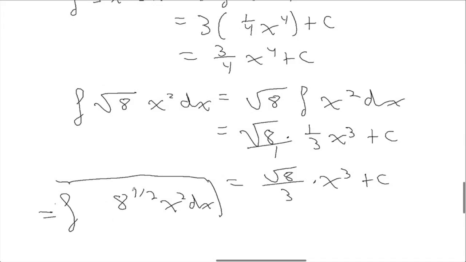Why bother? The 8 is not the problem. This term is not a problem. It's just a constant. We have no trouble dealing with constants. We just use the constant multiple rule. That was the main thing that was messing you up previously. You were rewriting these as 8 to the 1/2 power. And that's true. That's perfectly legal. It's just not helpful. There's no need to rewrite this term because we can just take it completely out of the integral. Okay.